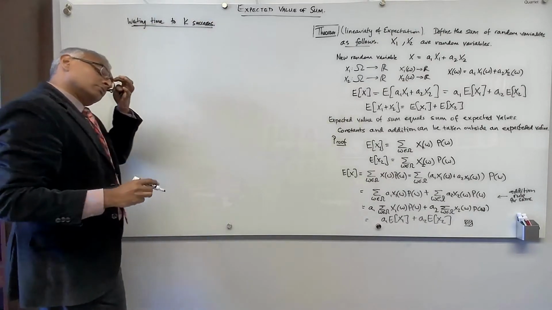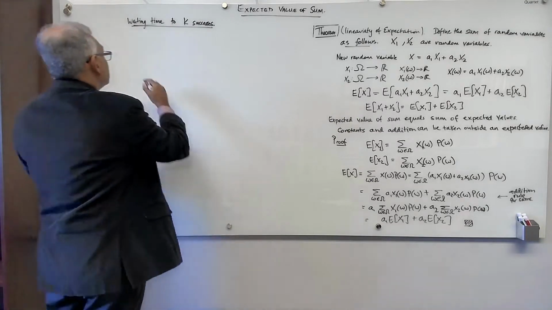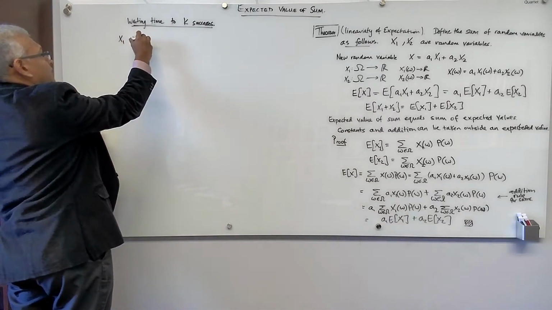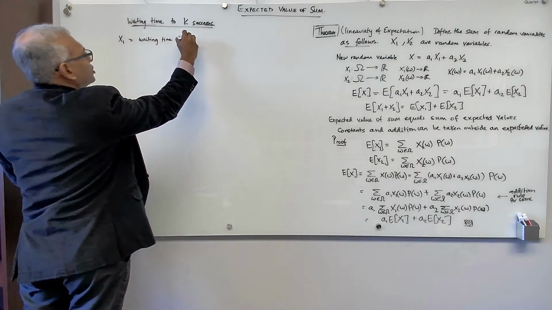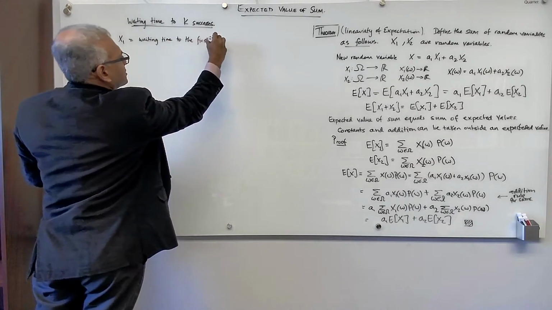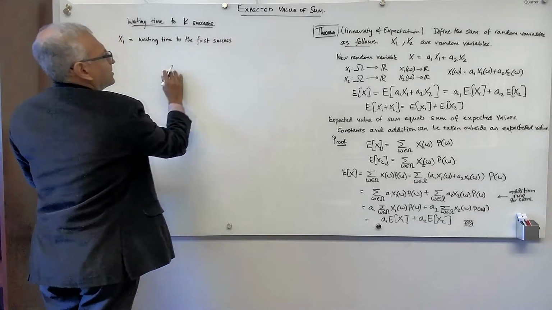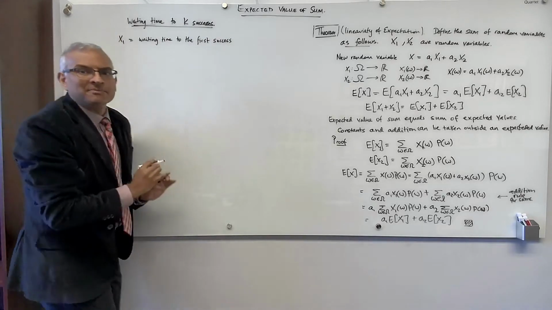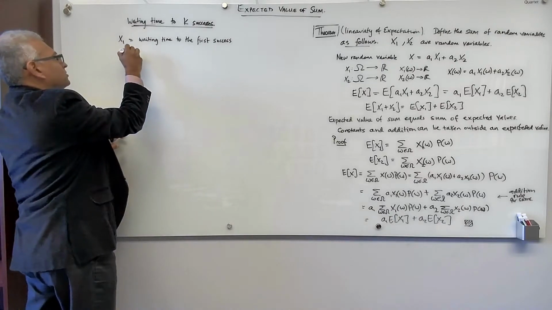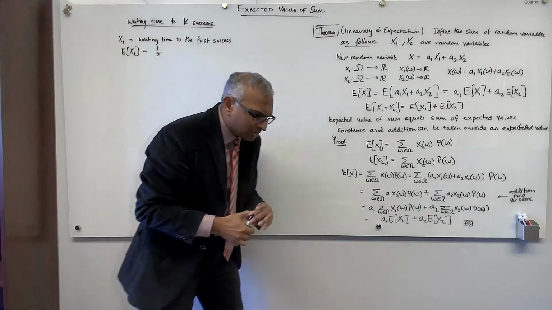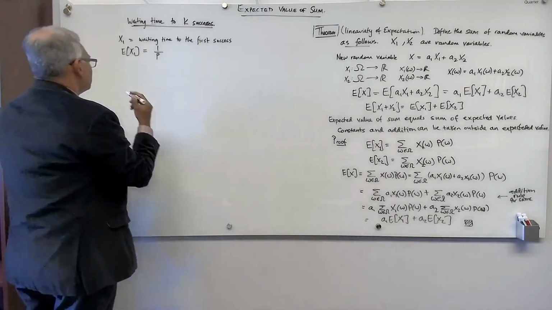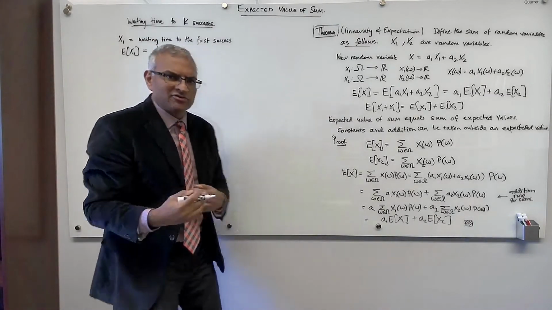So the waiting time to 1 success, so if x1 is the waiting time to the first success. Then we showed last time that the expected value of x1 is equal to 1 over p. But what about the waiting time to k successes? So let's imagine the process where you're waiting for k successes.